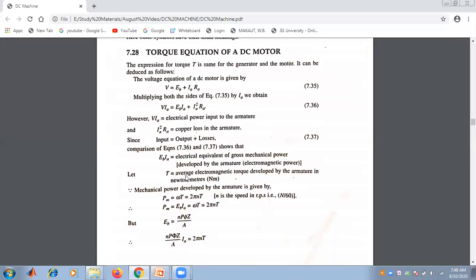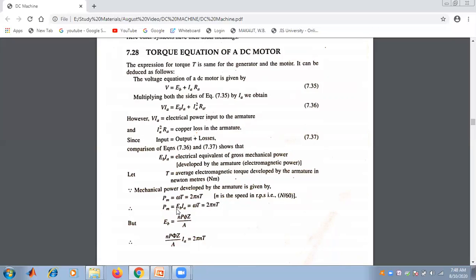This torque T is the average electromagnetic torque that is developed by the armature in Newton meter. We all know the mechanical power developed equals the angular speed omega multiplied by T. So omega equals 2 pi n, if n is the speed in rps, that is N by 60.